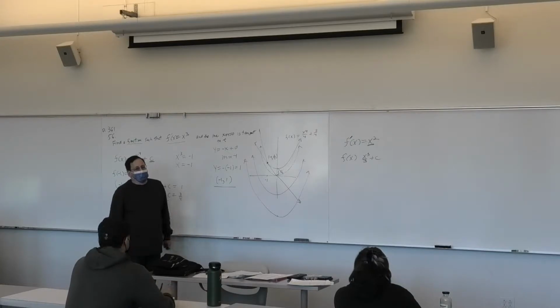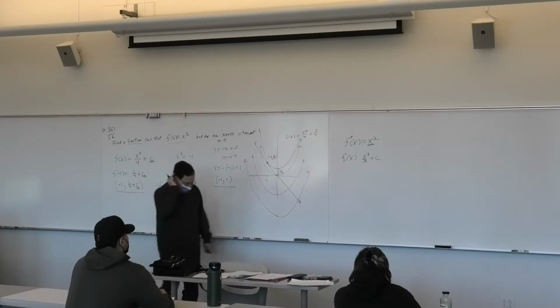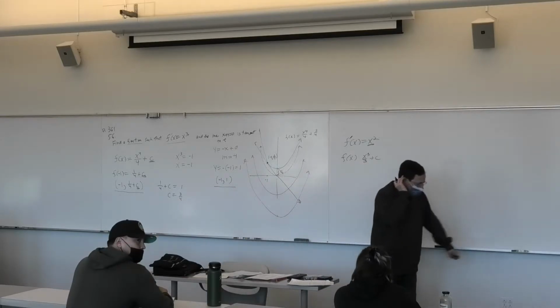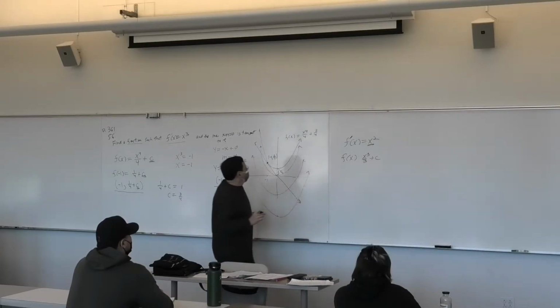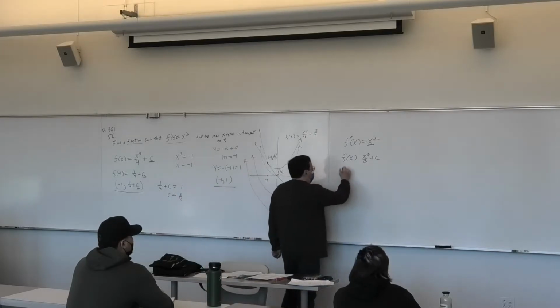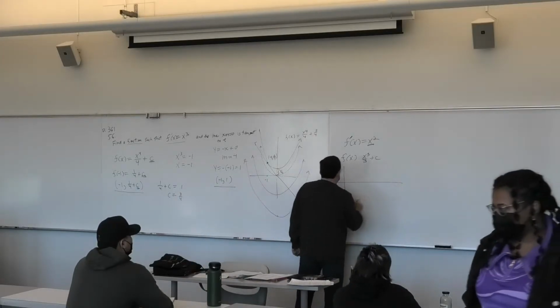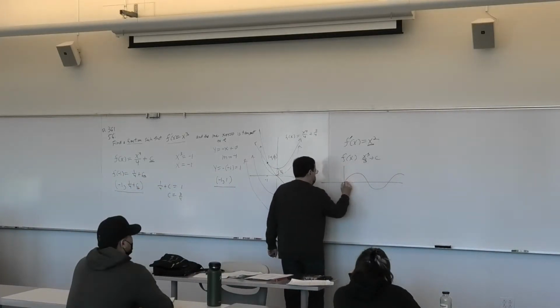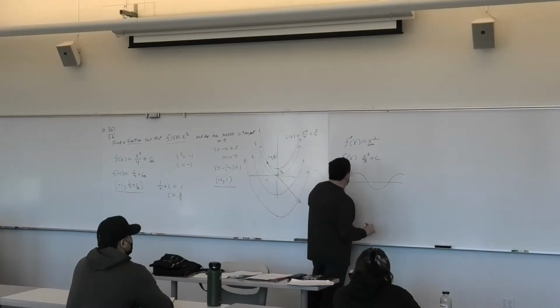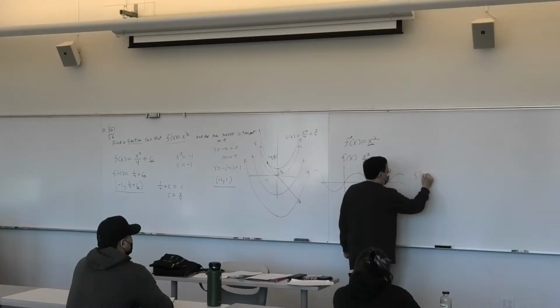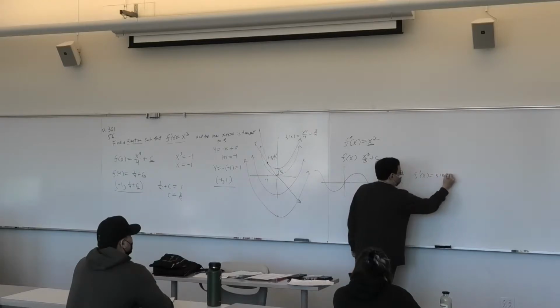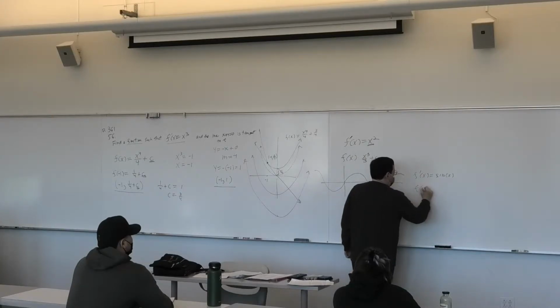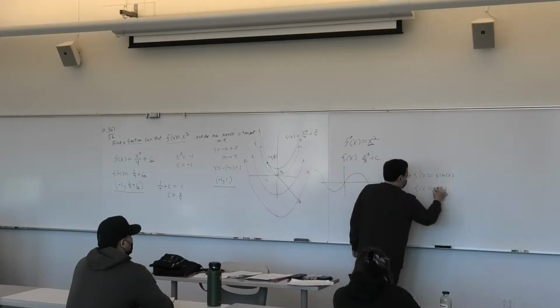I was thinking of a transcendental function, like sine and cosine. Oh, well, that's much worse. We'll just draw. So this is the derivative, sine, and so the function is negative cosine plus c.